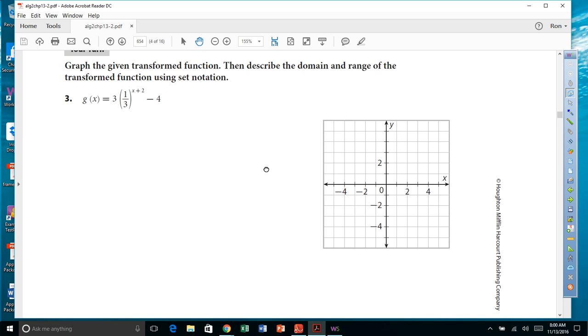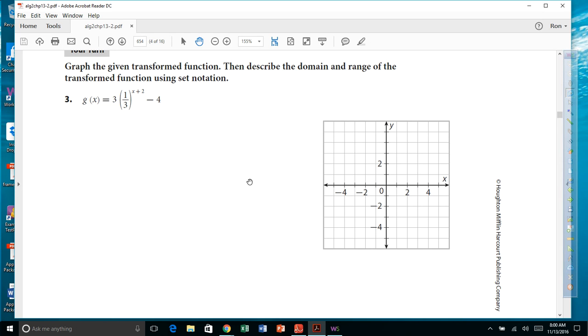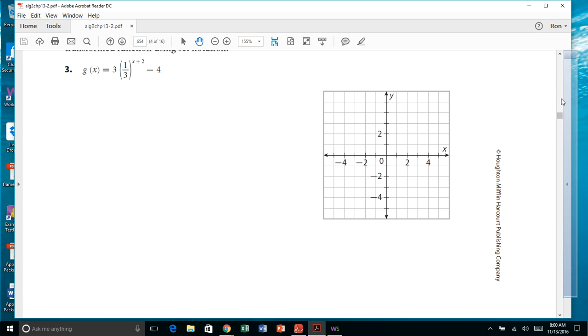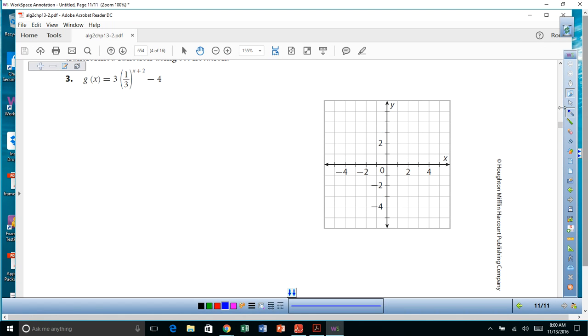So let's try this one here. We're going to graph the transformed function, then describe the domain and range of the transformation using set notation. Okay, so what is A? A is 3. What is B? 1/3. What is H? -2.